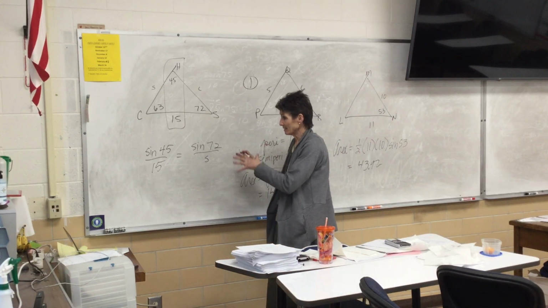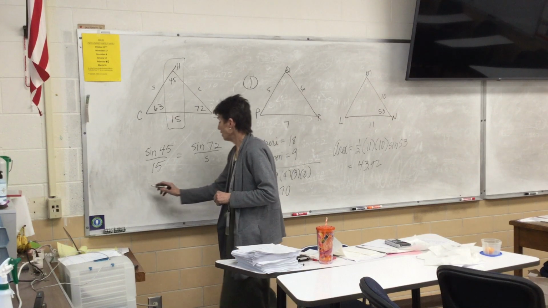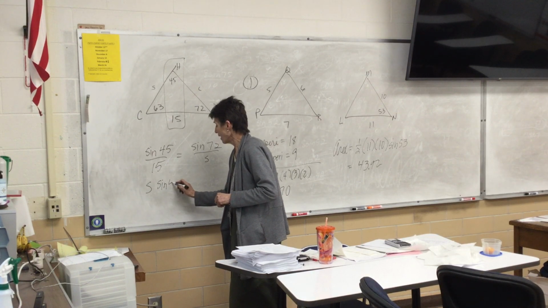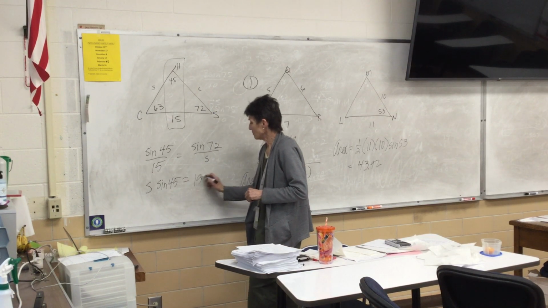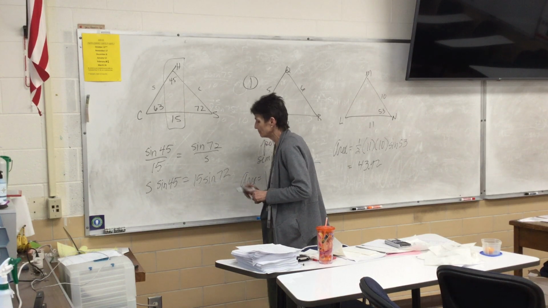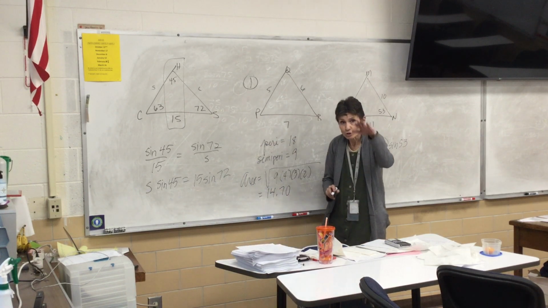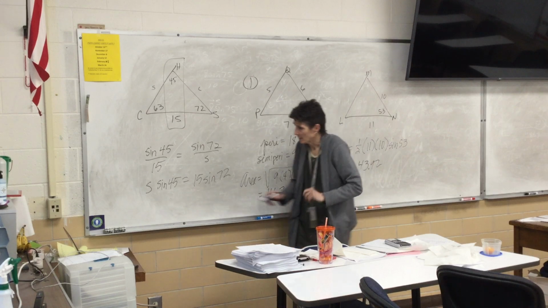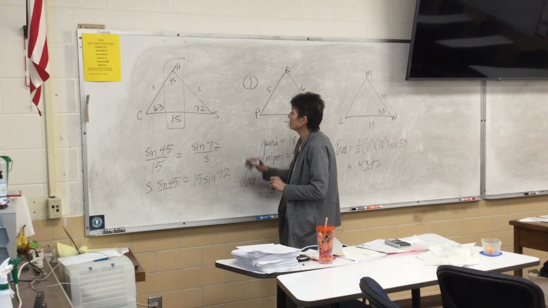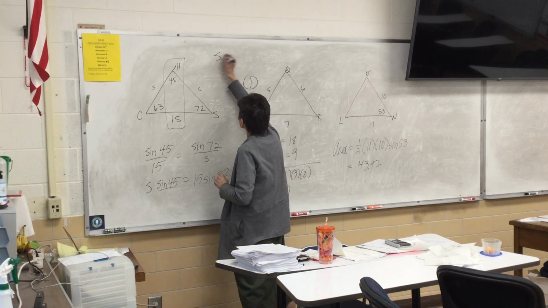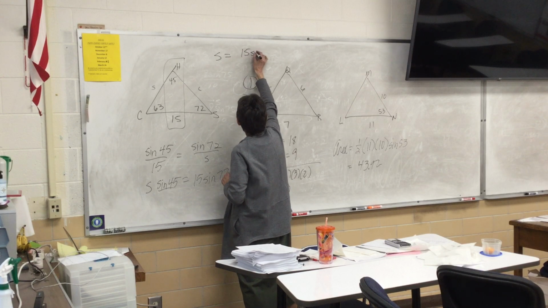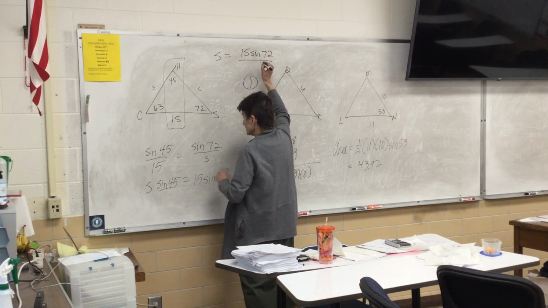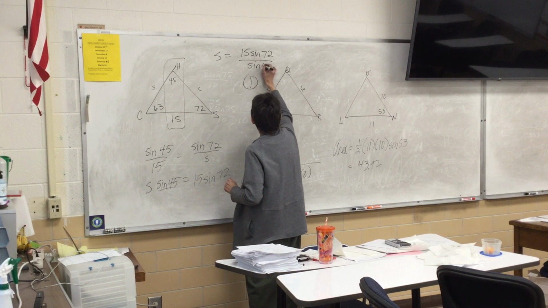So we've done about a zillion of these today. So here we go. S sine 45 equals 15 sine 72. Now you're solving for S. So you're going to divide by sine 45. So S equals 15 sine 72 divided by sine 45.